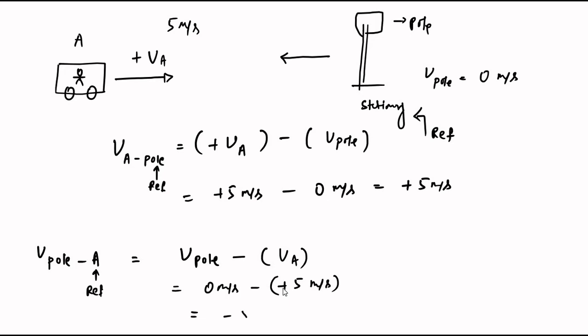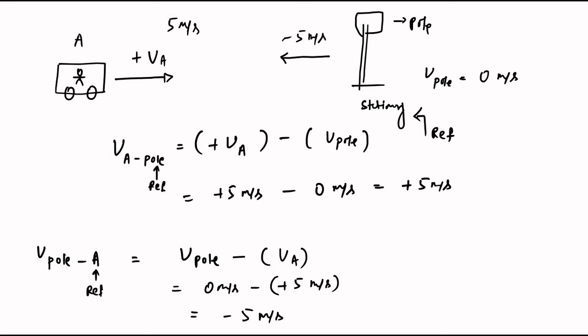So it will be minus 5 meter per second. So in this case, it will appear to someone sitting inside the vehicle as if the pole is approaching towards it with a velocity of 5 meter per second.